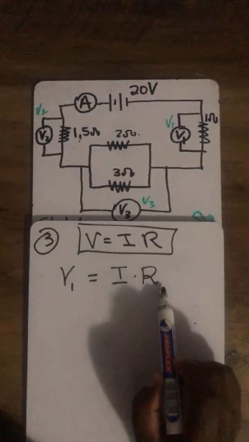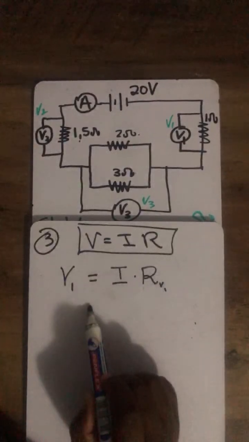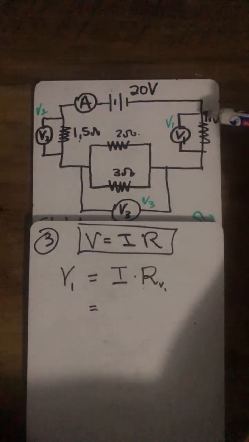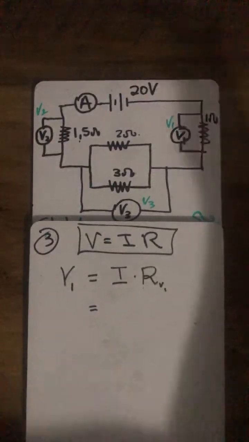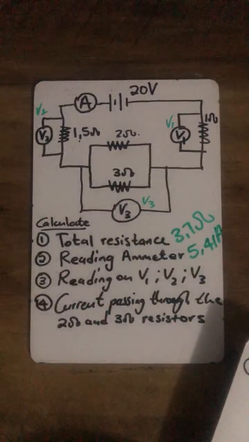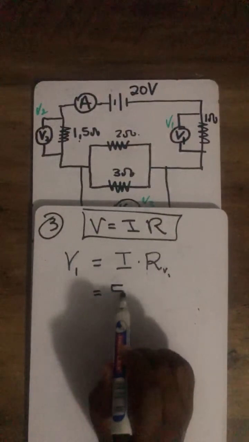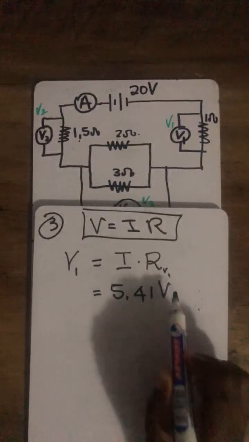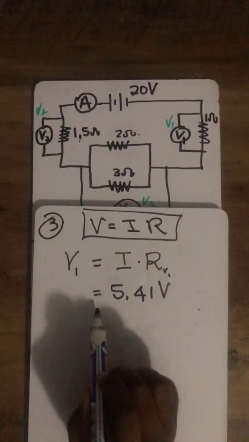Even the R has to be the one on V1. So what is the current passing through the resistor where V1 is connected? It is that same one that we got initially, being 5.41. That is 5.41 volts.